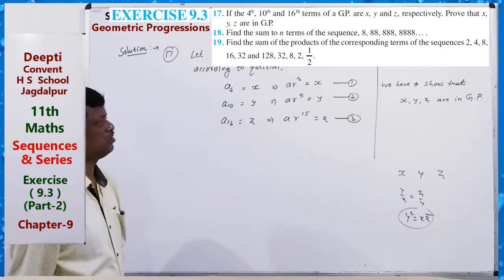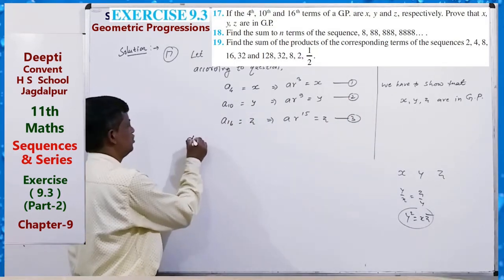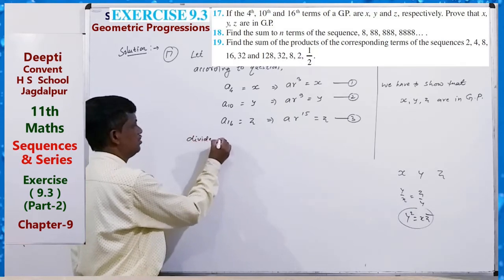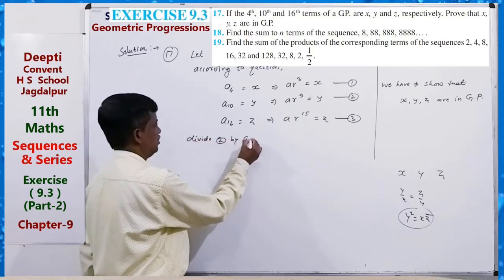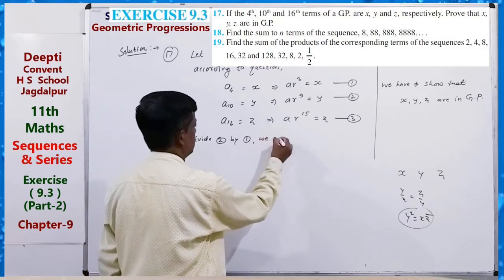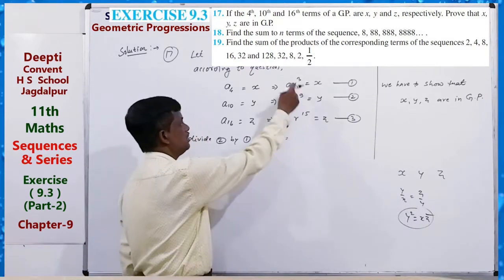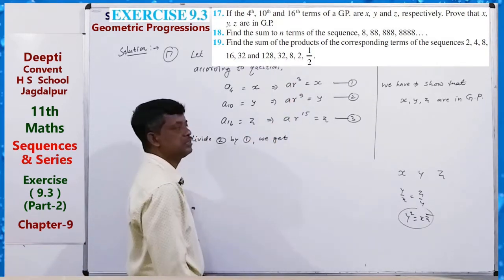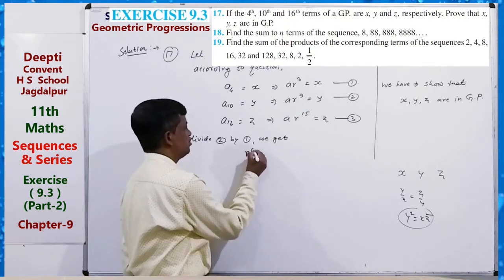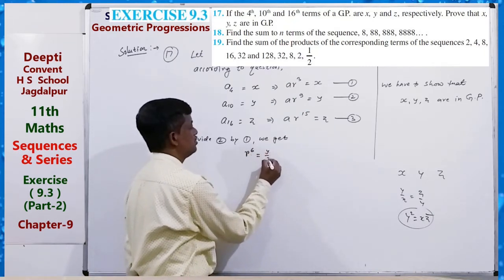Just divide 2 by 1. We get A cancels, r to the power 6 equals Y by X.